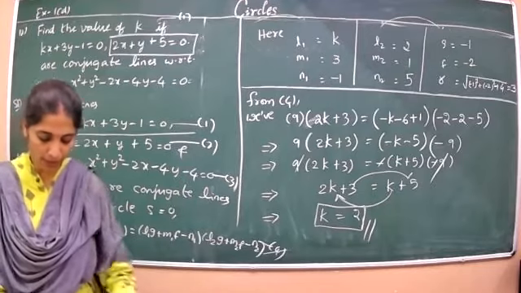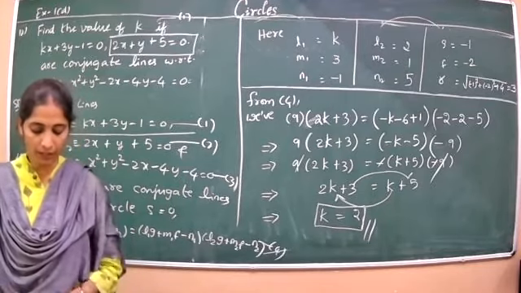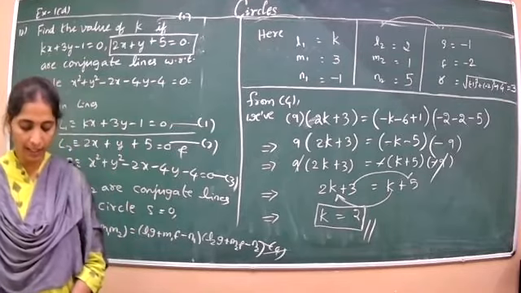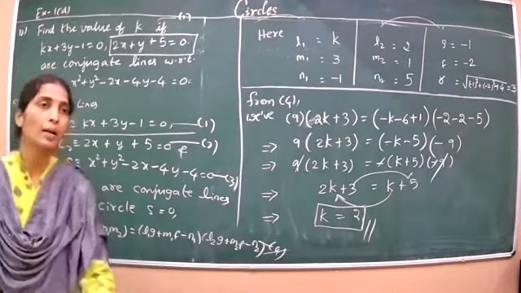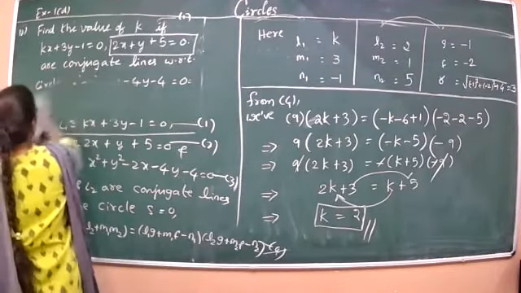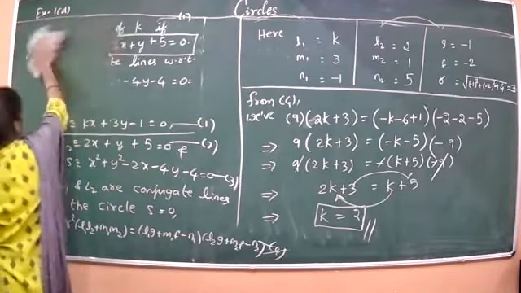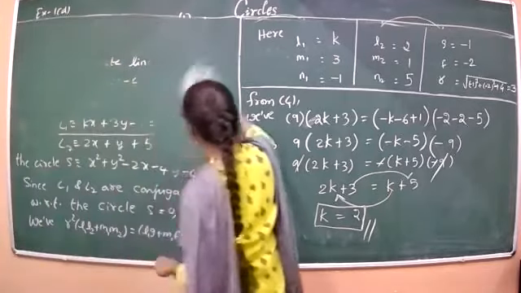Let us move to the second bit, concepts which involve finding the angle between the tangents drawn from a point to the circle, or, given the angle, finding the locus of the point from which the tangents are drawn.